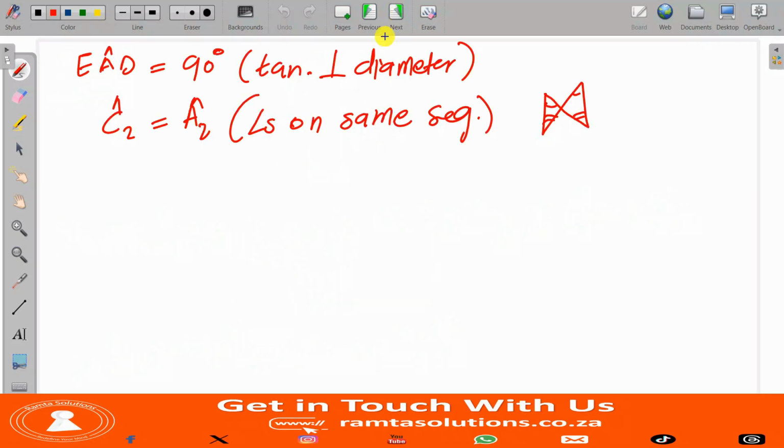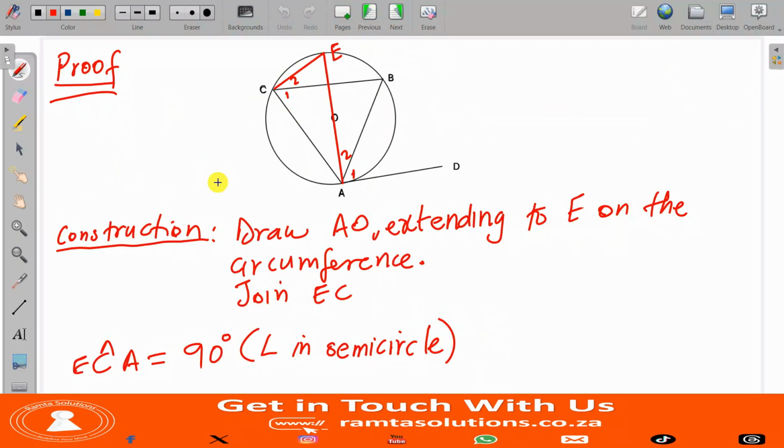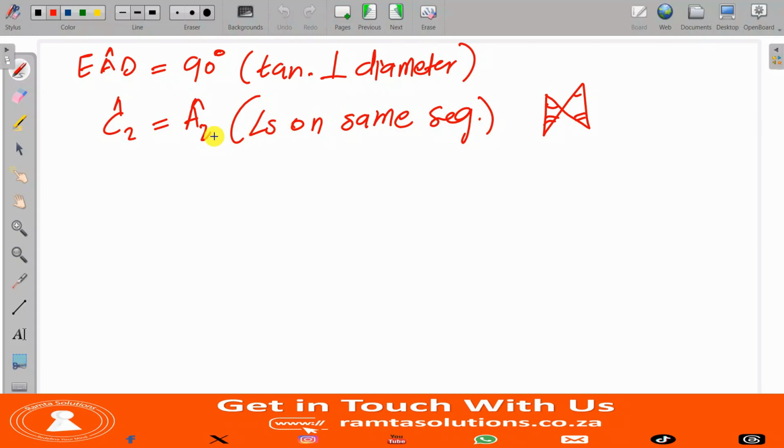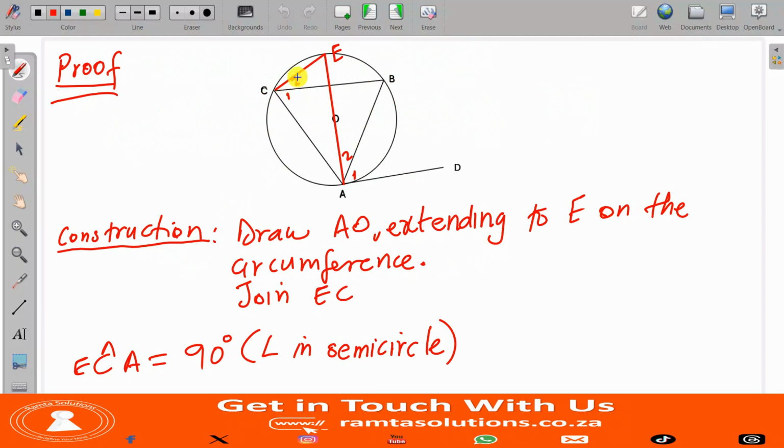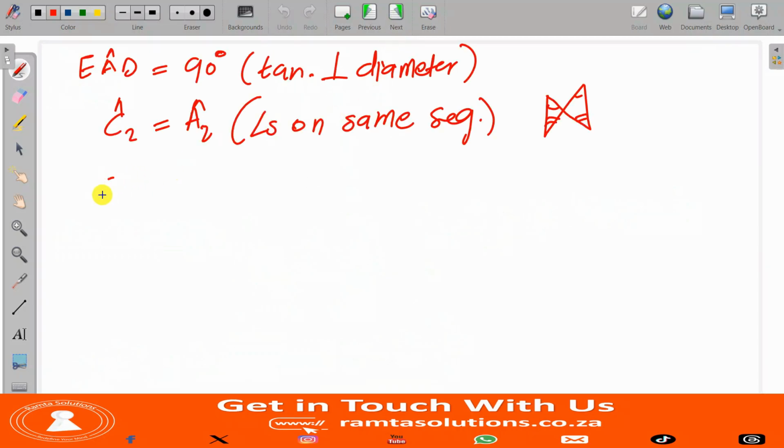Good. Now, if you recall, we said angle ECA is 90 degrees. Angle ECA is this one here. We did have some information on C2, so we can say something about C1. If this angle here is 90 degrees, and this one is equal to this one, we can therefore say angle C1 is equal to 90 degrees minus angle C2.